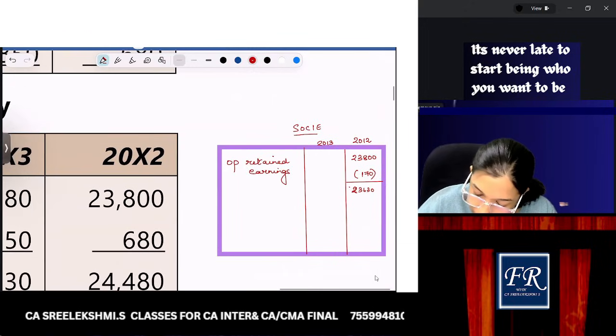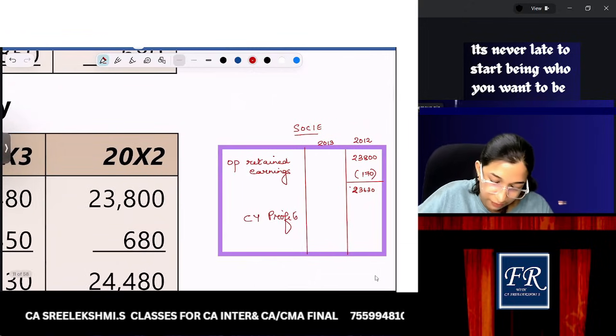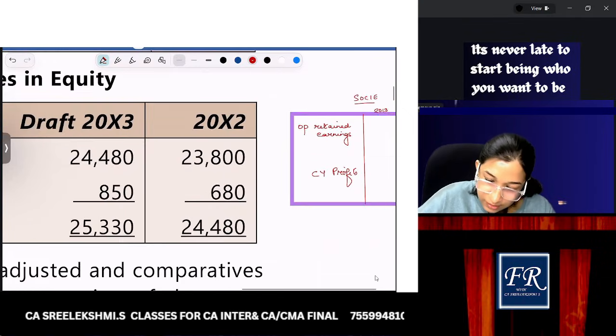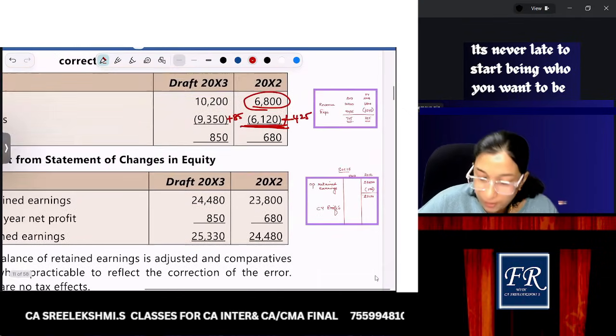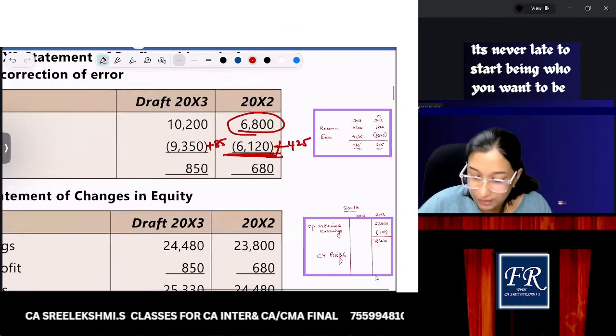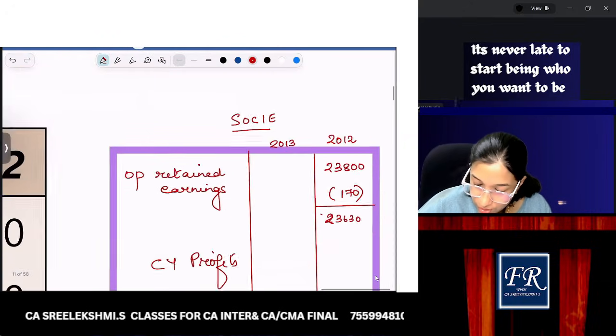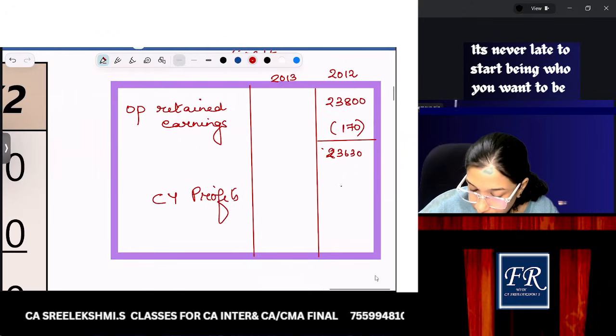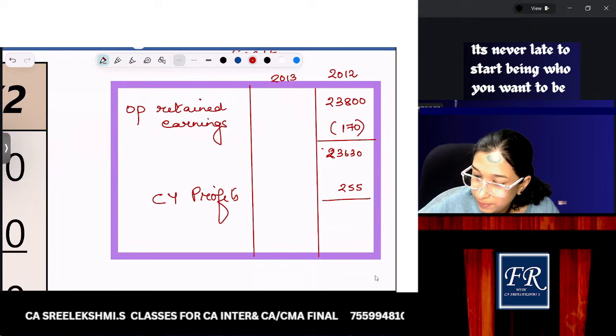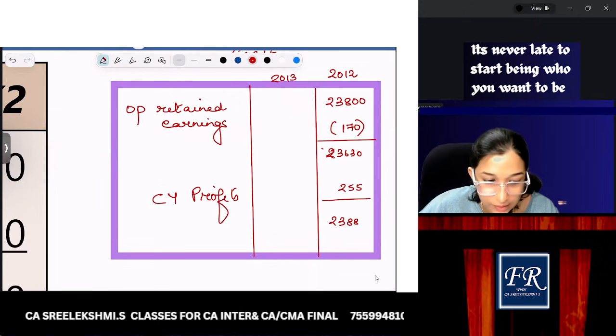And current year profits. 2012 current year profits, we have identified as 255. So 23,630 plus 255 is 23,885.